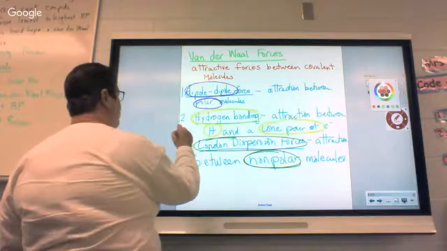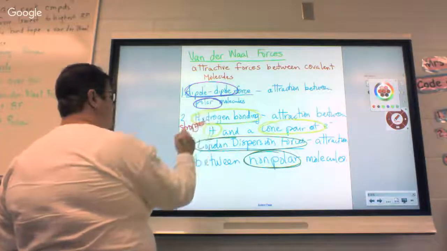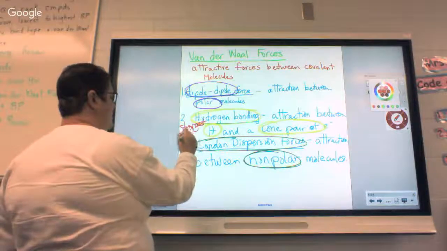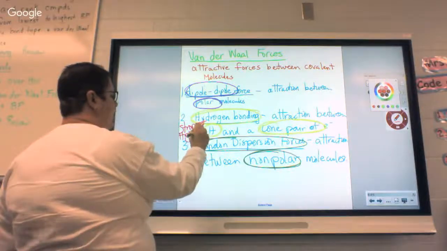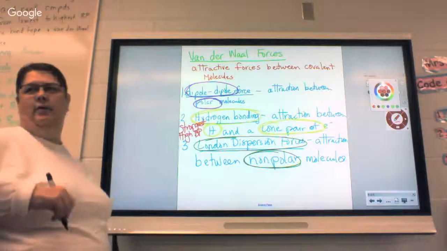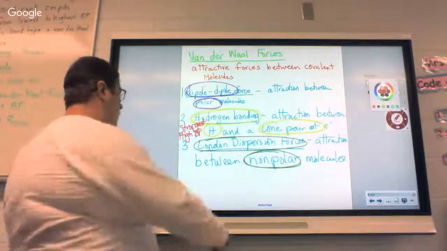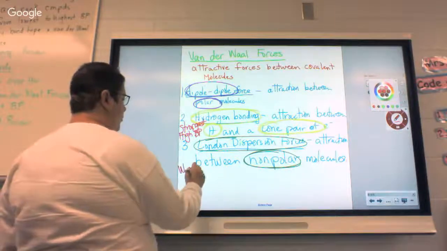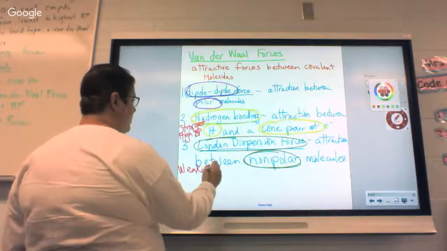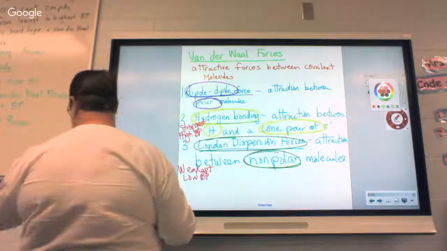All right, number 2 is the strongest, so it has the highest boiling point out of the 3. So, who then do you think would be the weakest? Number 3. Number 3 is the weakest, so it has the lowest boiling point.